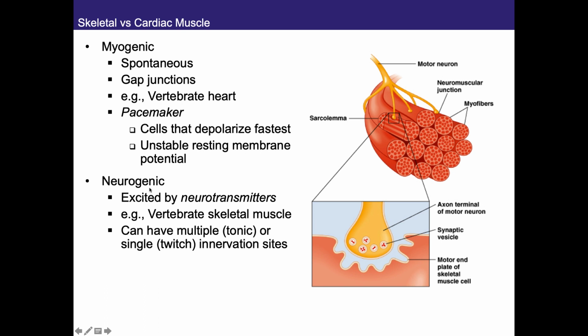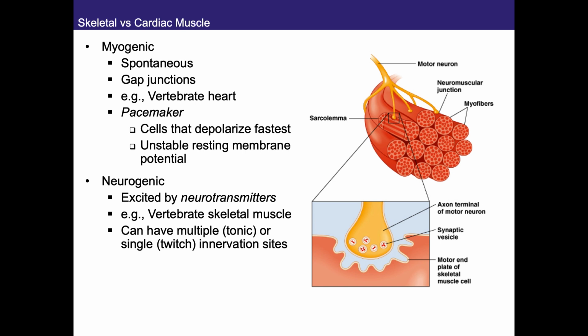Neuro is referring to the motor neuron. And it's excited by neurotransmitters, acetylcholine, binding to those nicotinic acetylcholine receptors, excitation, and then contraction. Now with neurogenic stimulation, you can have multiple or single twitch innervation sites, right? You can actually have summation and tetanus.